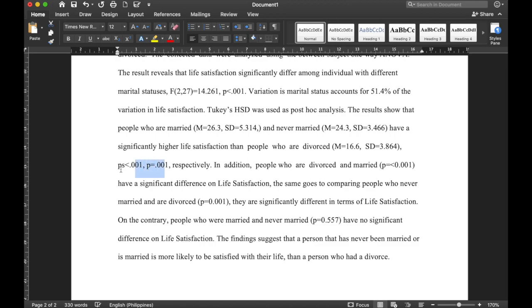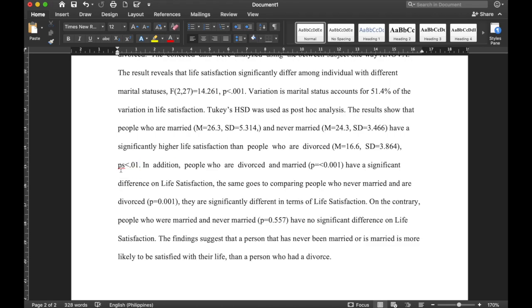P's are less than 0.001, so that's practically the same, and we don't have to use the word respectively. So that's one way of saying it, but if you like another way of saying it, if you want to specify both p-values, that's fine.